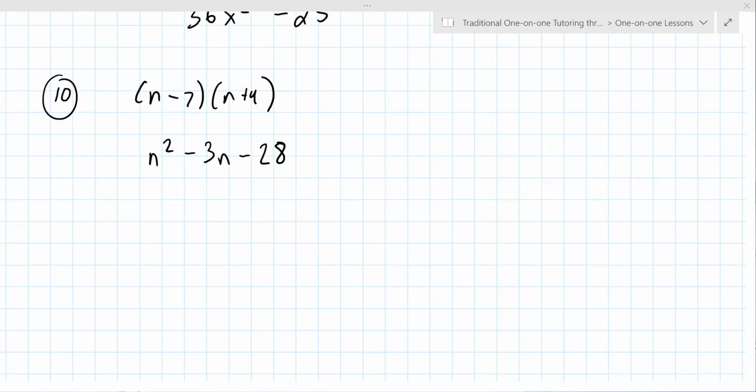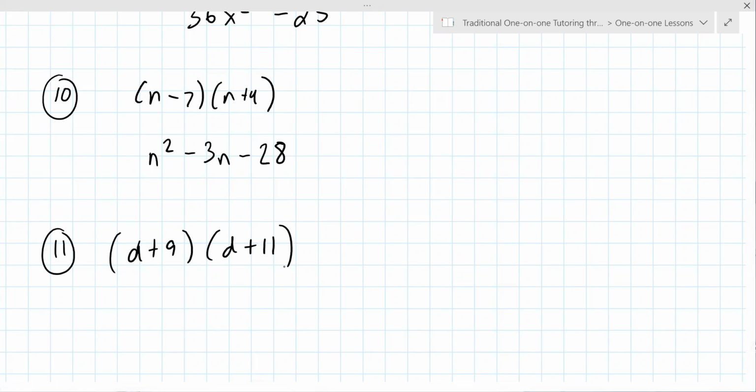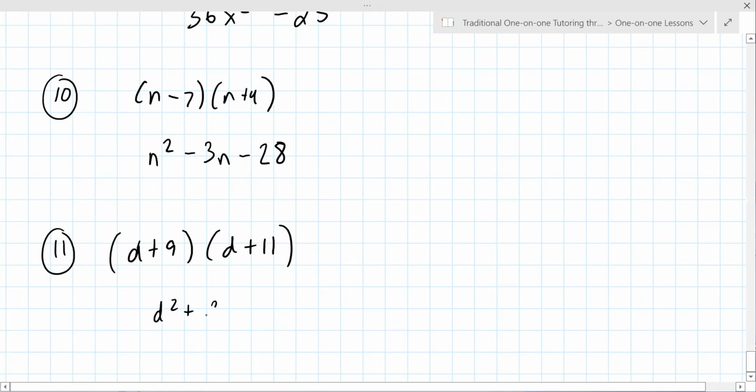Okay. I got d squared plus 20d plus 99. Yes.